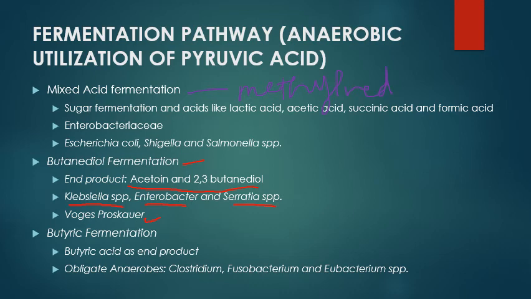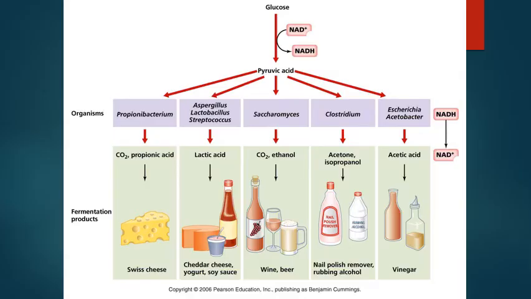Okay? Next would be the butyric fermentation. So, the end product would be butyric acid. Some of the organisms that produce butyric acid as an end product during fermentation are your Clostridium, Fusobacterium, and Eubacterium species. Okay? This is coming from Tortora.